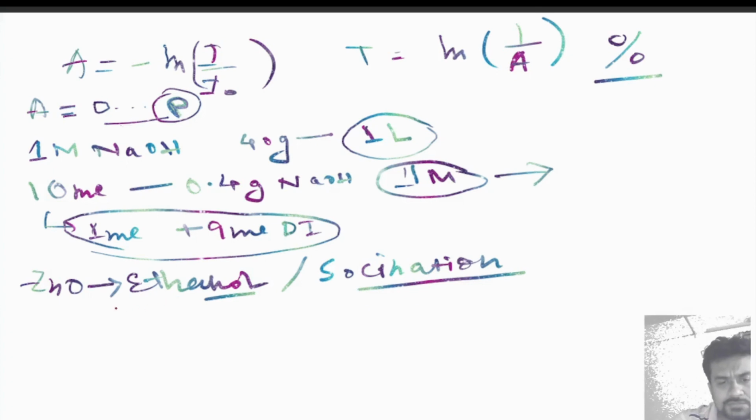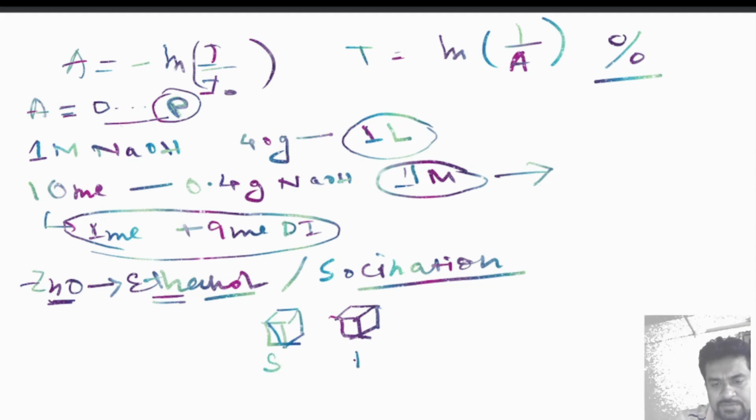So you need to actually nullify the contribution of ethanol in the absorption of germanium. In most of the cases, we have used the double beam spectrometer, and this double beam spectrometer contains two cuvettes, one for the sample and another for the baseline correction.